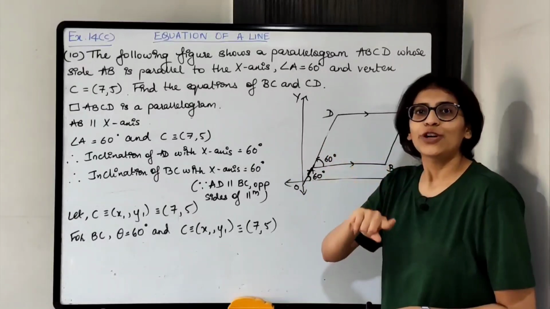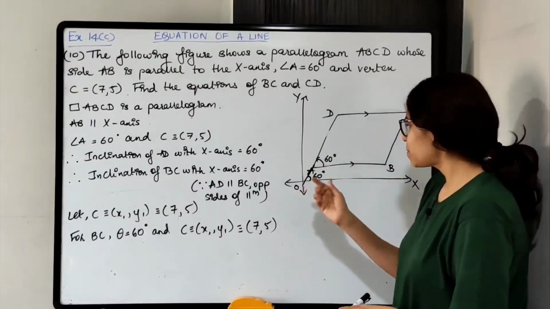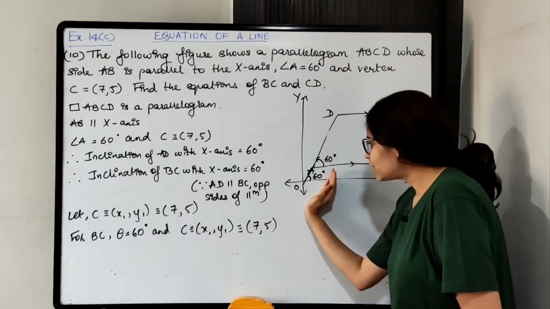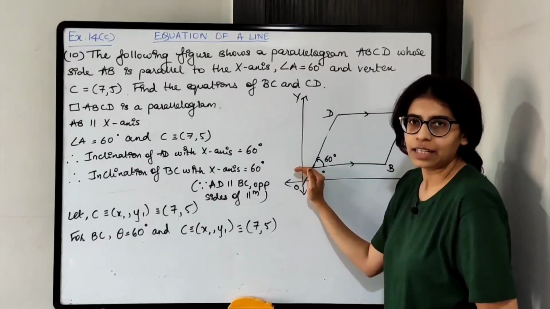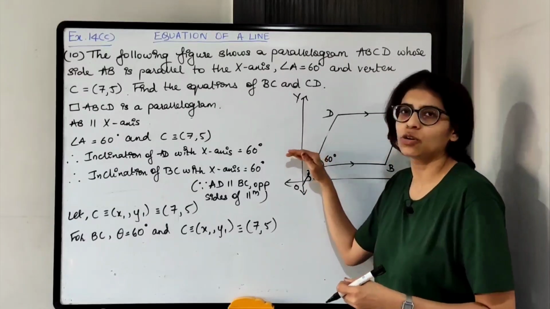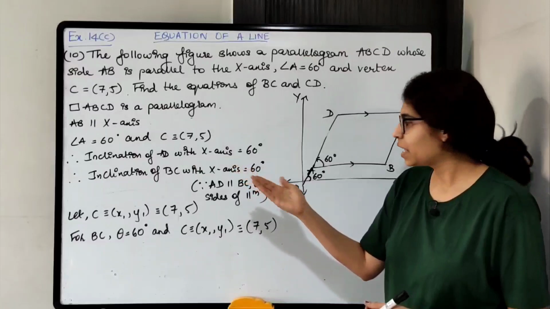It will be positive or negative? It will be positive because x से स्टार्ट करेंगे, so x से you are measuring AD का एंगल that is going to be anticlockwise. पॉजिटिव 60 होगा.